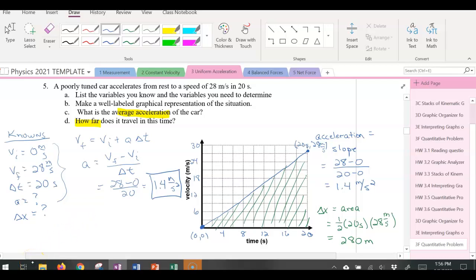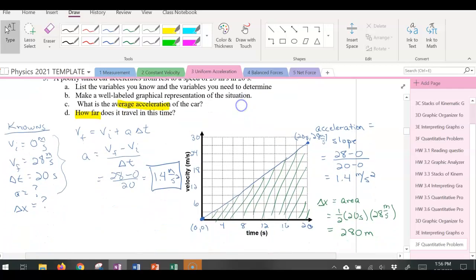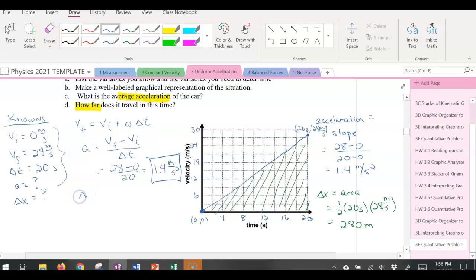Then I want to know displacement, and I can really use, at this point, any of these other 3 equations that have displacement. But I think that the last equation looks like the easiest mathematically. That says that the displacement is 1/2 the initial plus the final velocity times the elapsed time.